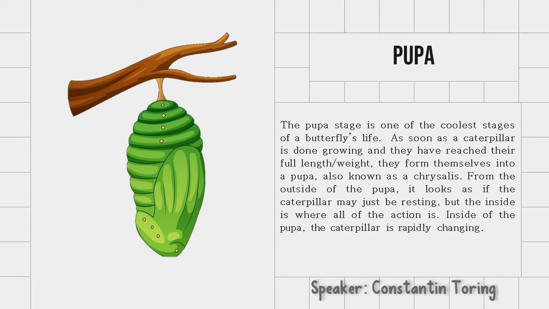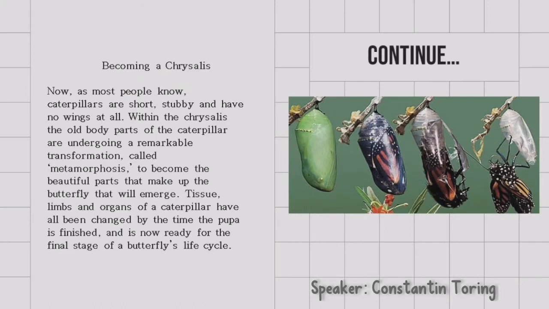The caterpillar is rapidly changing to become a butterfly. Now, as most people know, caterpillars are short, stubby, and have no wings at all. Within the chrysalis, all body parts of the caterpillar are undergoing a transformation called metamorphosis to become the beautiful parts that make up the butterfly that will emerge.